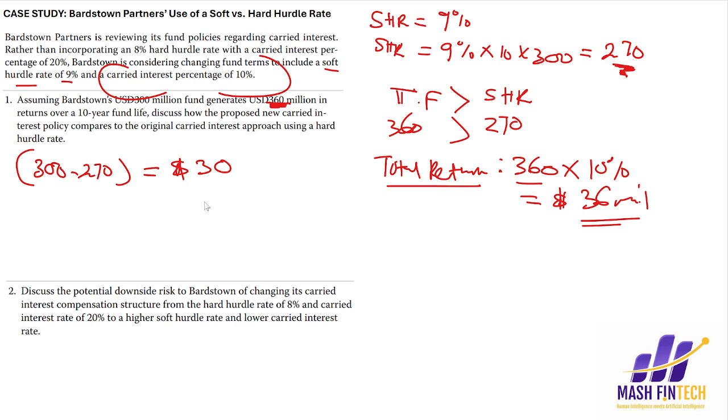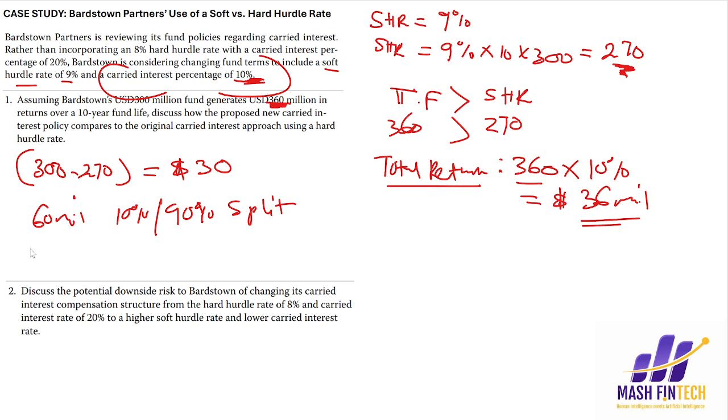Okay, and then after they catch up, there's another 60 million that is made, and this extra 60 million is going to be divided with this split policy. You see, the 10% is going to the GPs, so it's the 10-90 split.